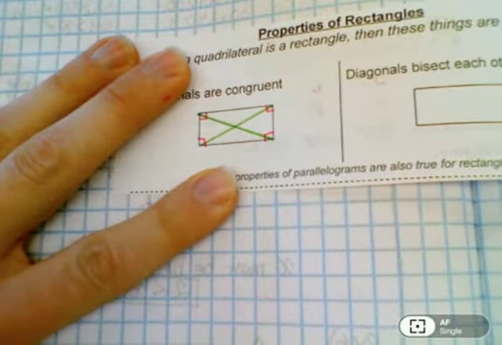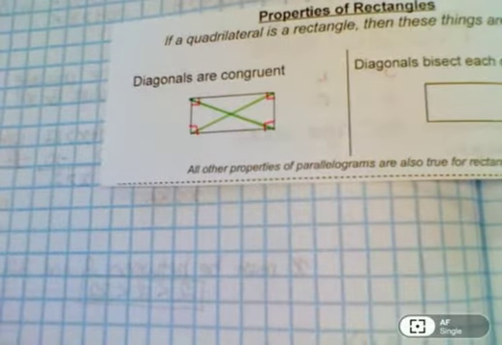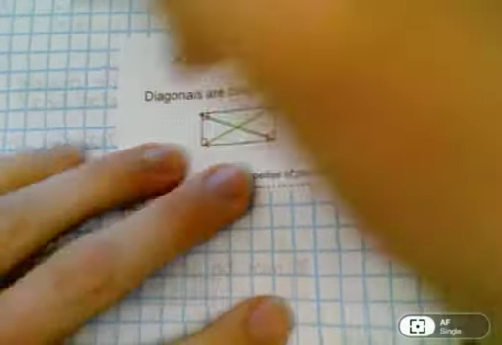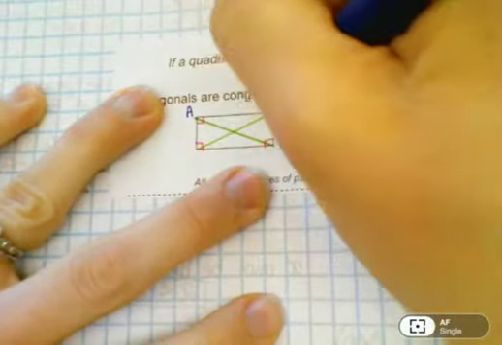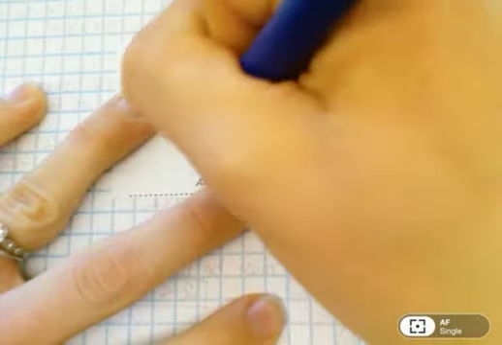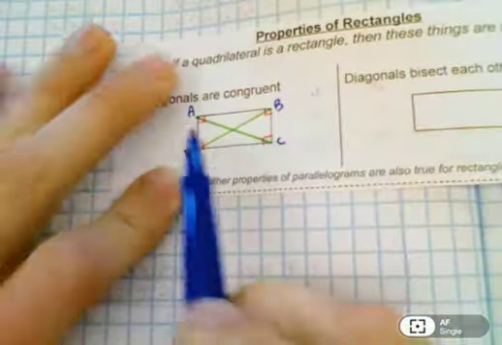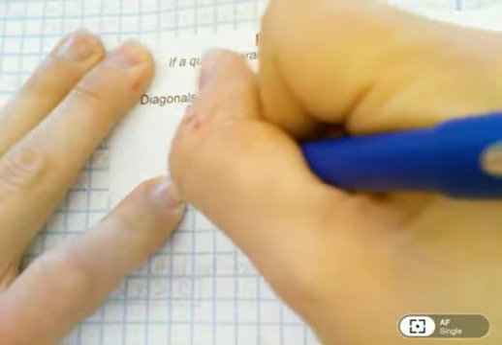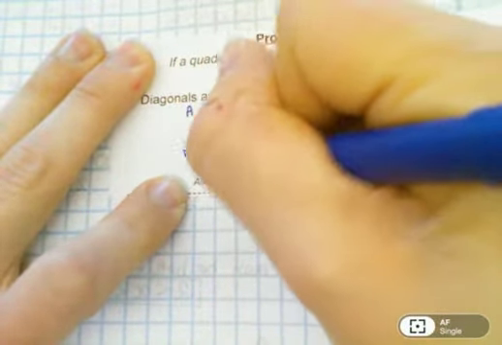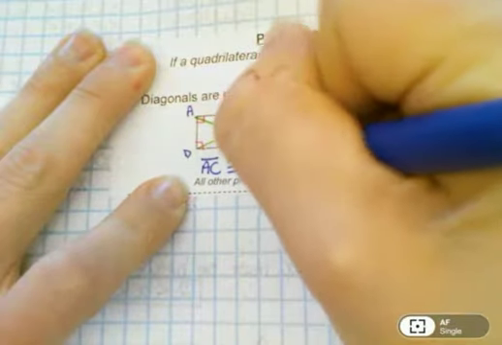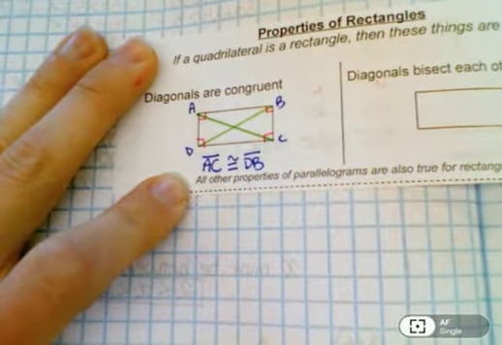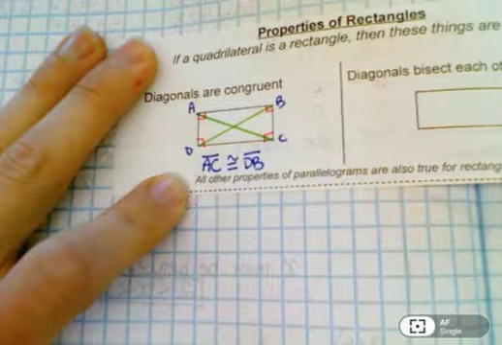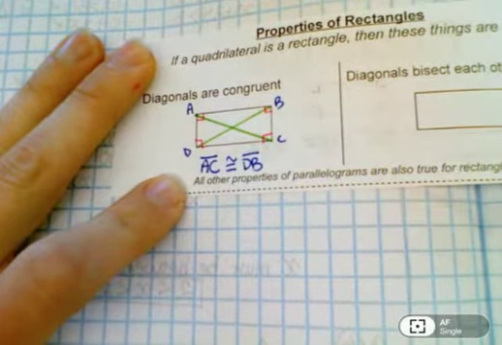And so in order to talk about that, we really need to label the 4 points so we can write some congruent statements. So we're going to go A, B, C, D. And then this property says that AC, that's one of our diagonals, so line segment AC is congruent to line segment DB. So that's useful. If you know you're dealing with a rectangle, you know that that is true.